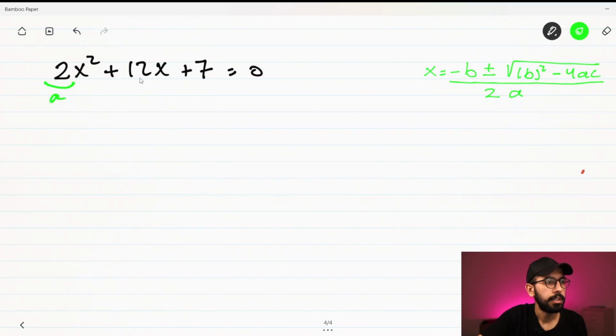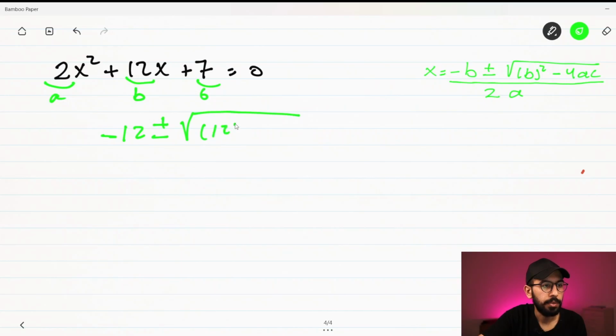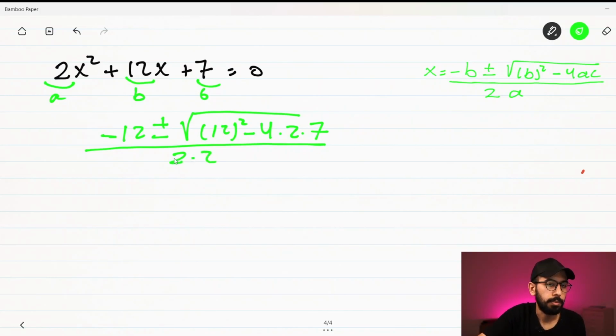This here is our A, 12 is our B, and 7 is our C. The rule says minus B, minus 12, positive or negative, the root of B squared, or 12 squared, minus 4 multiplied by A, which is 2, multiplied by C, which is 7, over 2 of A, and A is 2 multiplied by 2.